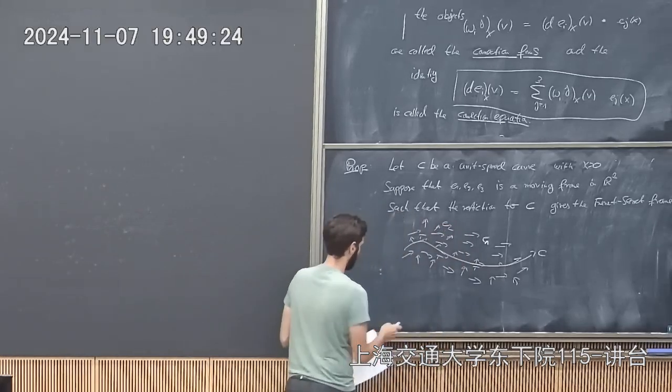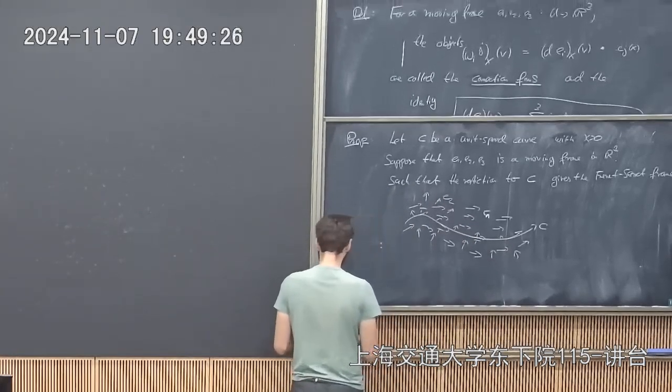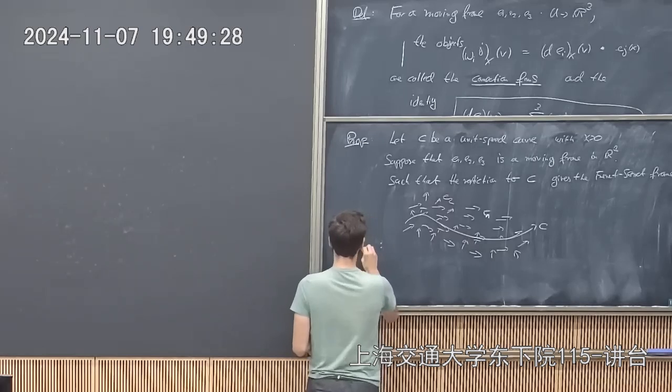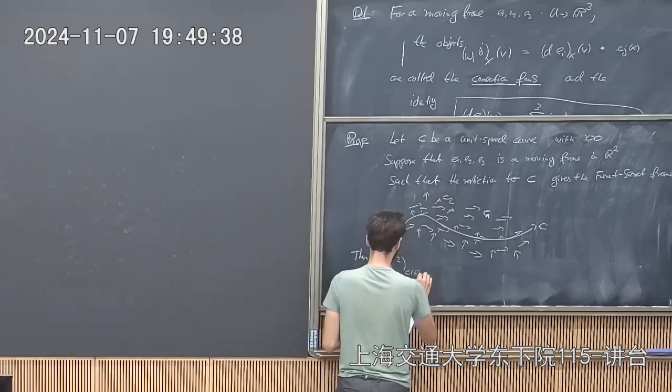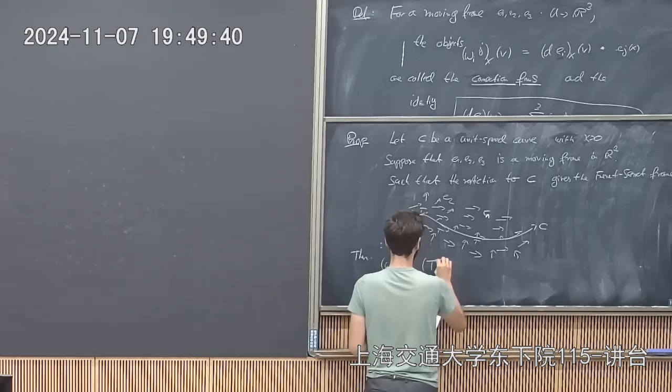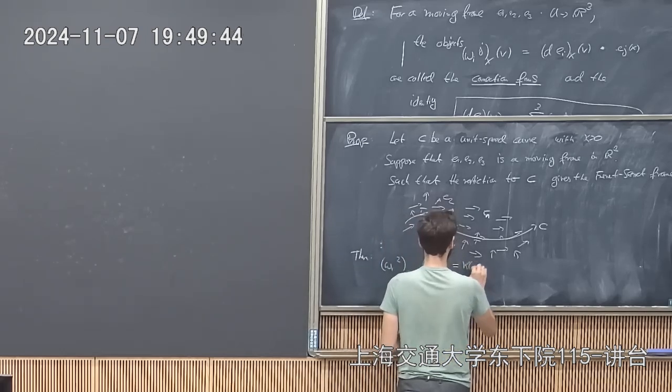And once I have that, we have the following statement. Omega 1,2 at a point C of t in the direction of t equals kappa of t.